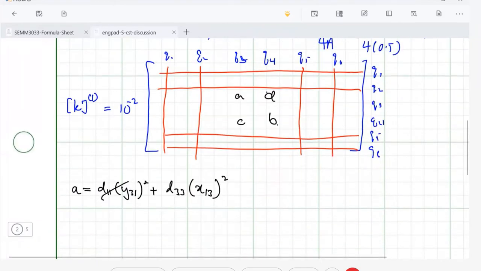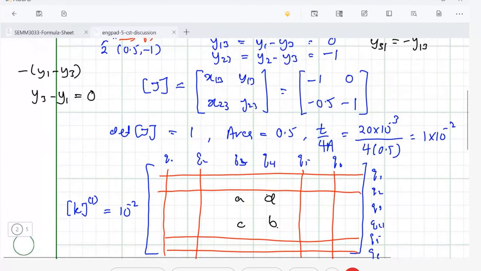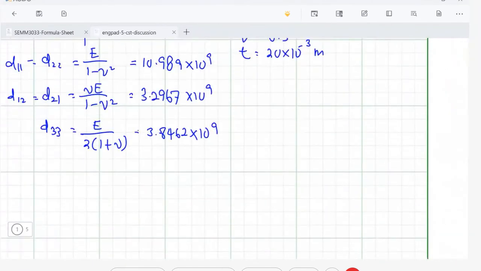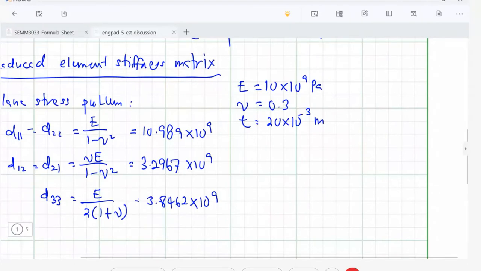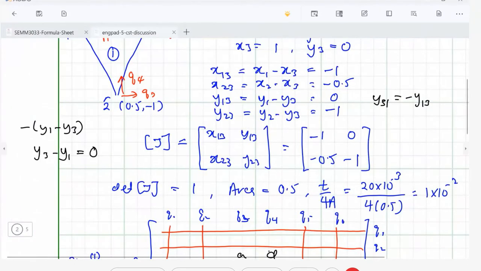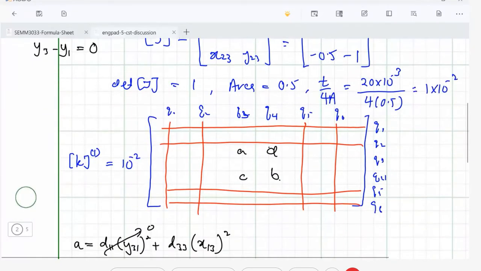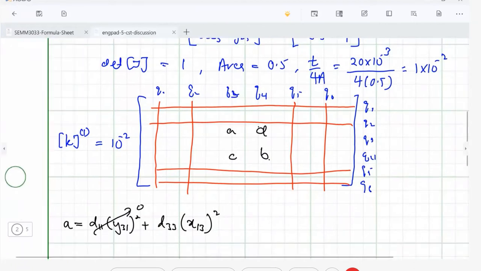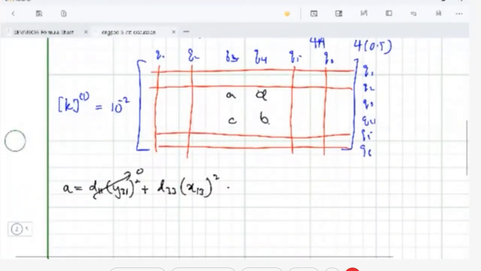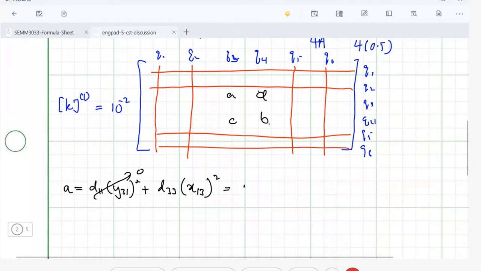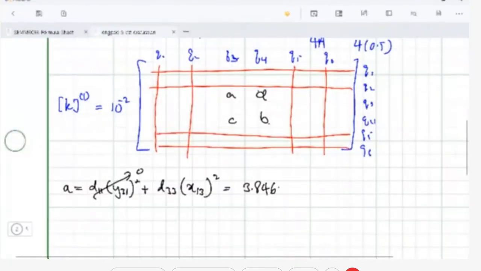So this is 0. How about D33? I think we have calculated D33. This is D33, 3.8462 times 10 to the power 9, times x13. x13 is minus 1, so it's just switching sign. Minus 1 square is just 1. So this is just 3.8462 times 10 to the power of 9.